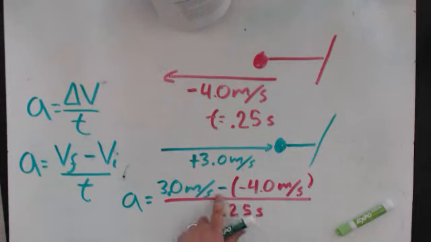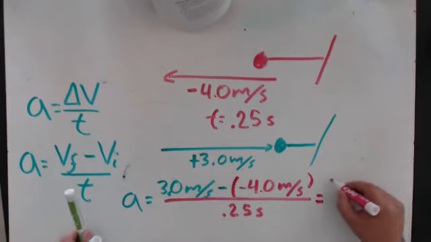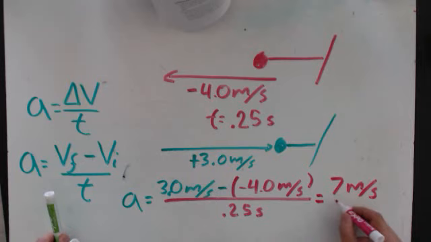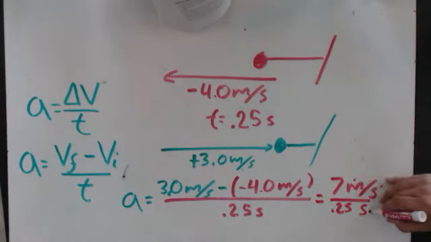Now, a negative of a negative turns that term into a positive, and then I just add these terms together. So 3 plus 4, 7. So I get 7 meters per second over 0.25 seconds. That makes it a meter per second per second. Okay? Makes it an acceleration.